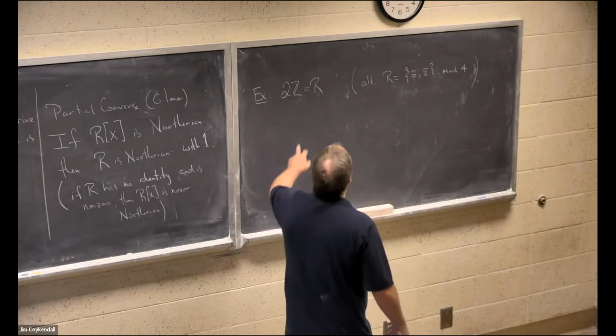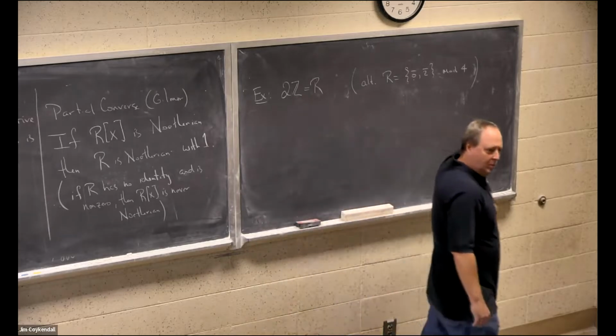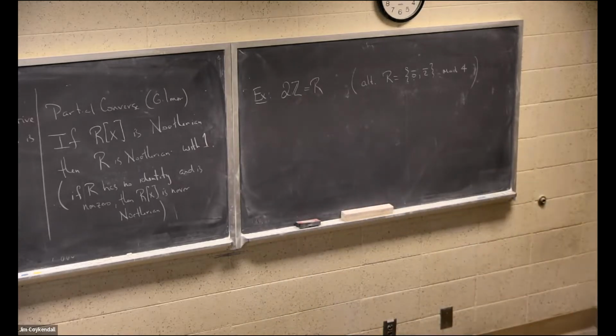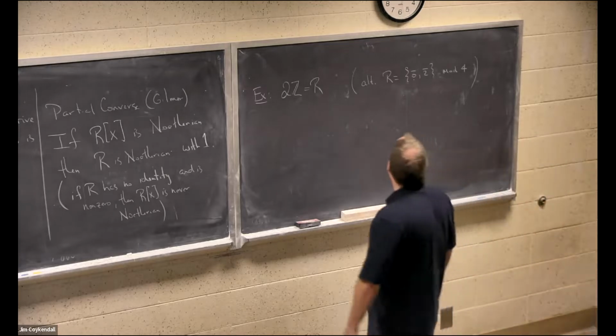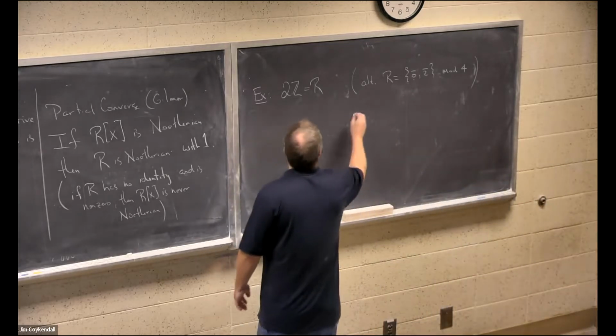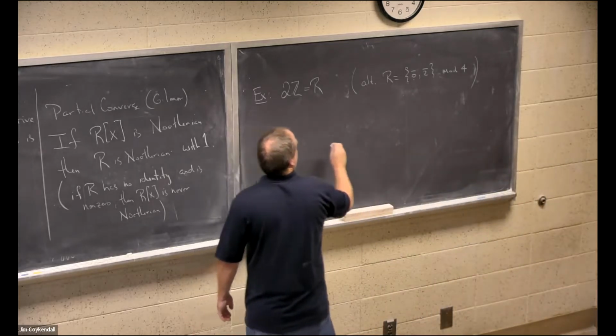And actually, this might help. So can anybody see an ascending chain of ideals, or an ideal that can't be finitely generated in general? I'll wait, maybe my students have. So let's look at this one.